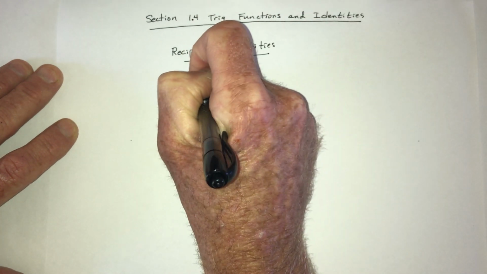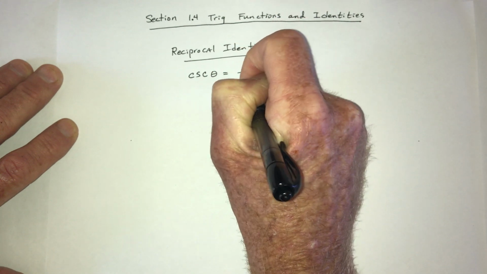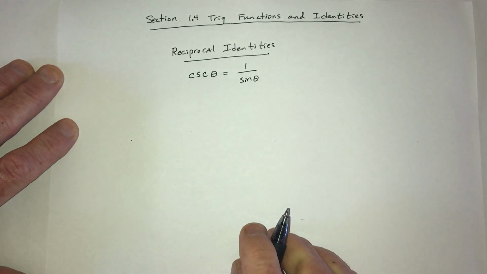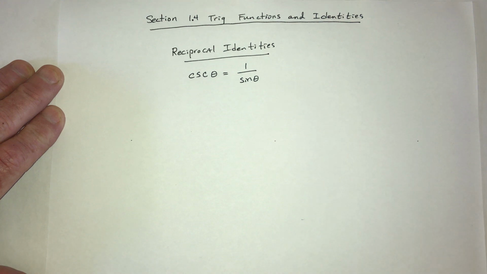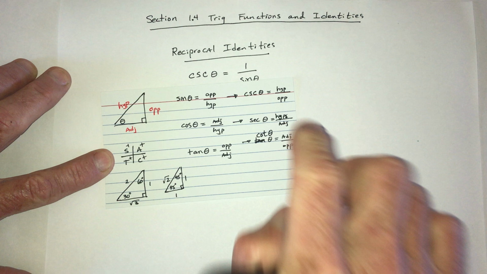So cosecant is equal to the reciprocal of sine. But this is a faster way to say it compared to this line right there. But they mean the same thing.